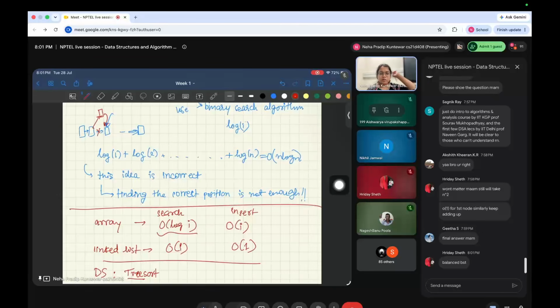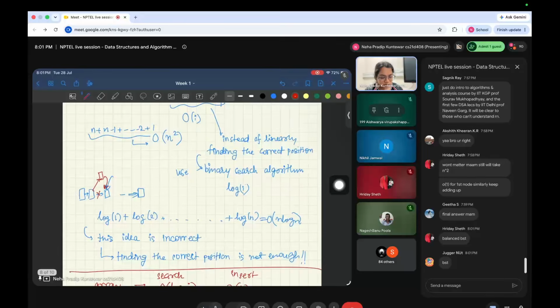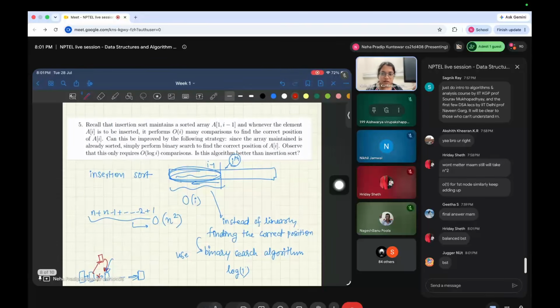So altogether you would end up doing the entire sorting in n log n. If you are interested, you can look it up, but we will not get into the details of it. But I hope the point is clear, why this strategy does not work. I hope that is clear. Any questions?